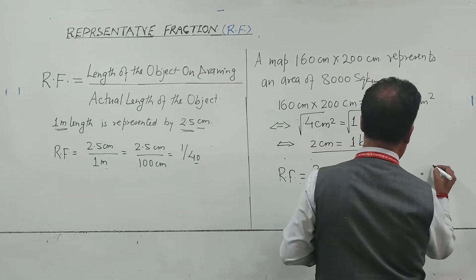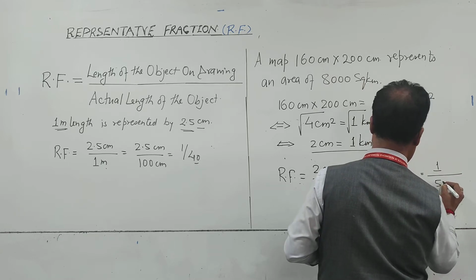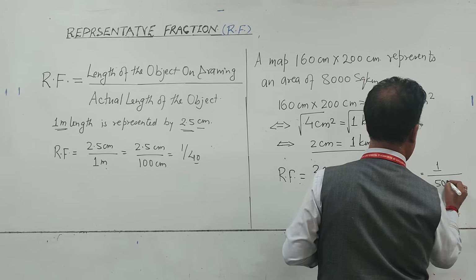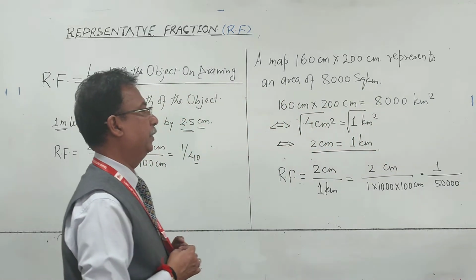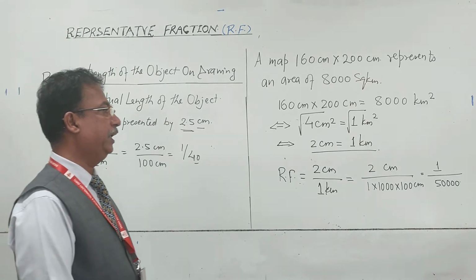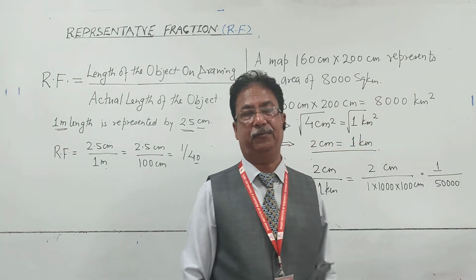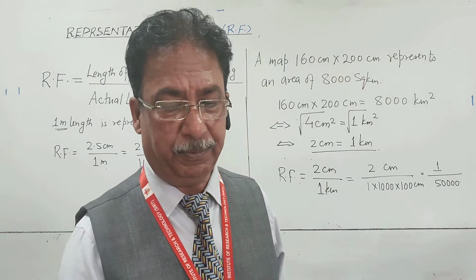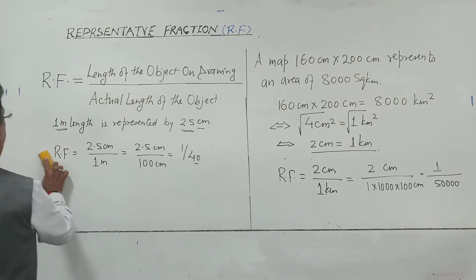If you divide that, centimeter will cancel out, and it comes 1 upon 50,000. So the RF for this scale will be 1 upon 50,000, meaning 50,000 is the actual length and that is represented by a length of 1 centimeter.